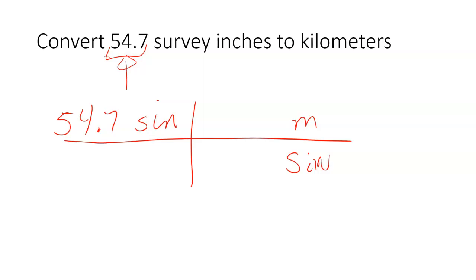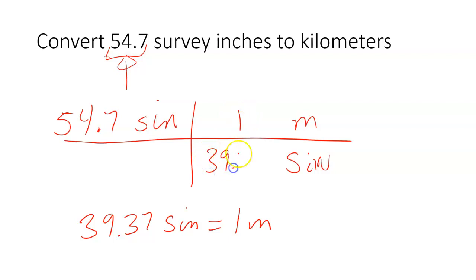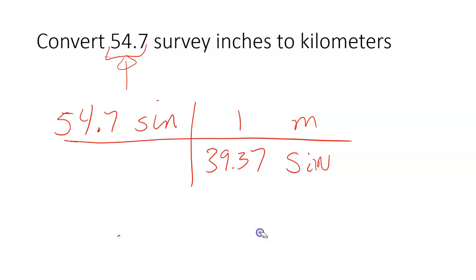If you remember in class, I showed you this relationship. 39.37 survey inches is equal to 1 meter. So that is the relationship between them. That means that 1 meter is the same thing as 39.37 survey inches.